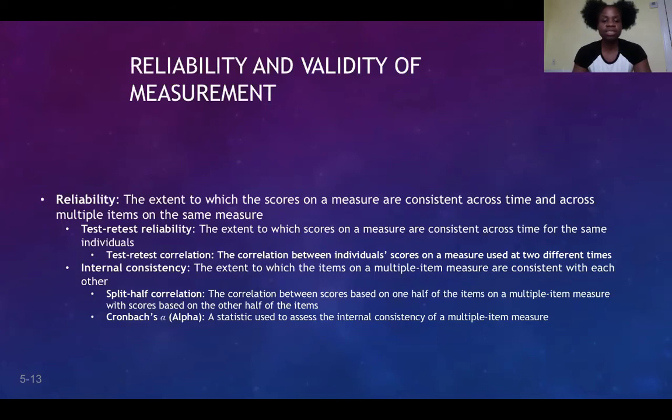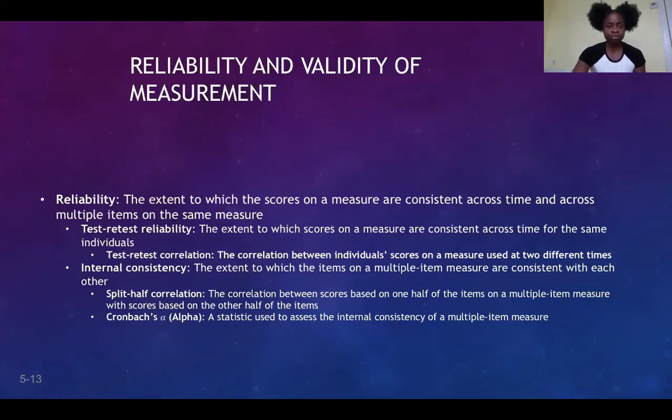Assessing test-retest reliability requires collecting and analyzing data, repeating measures on the same set of people, and then looking at the test-retest correlation between the set of scores using a scatter plot.